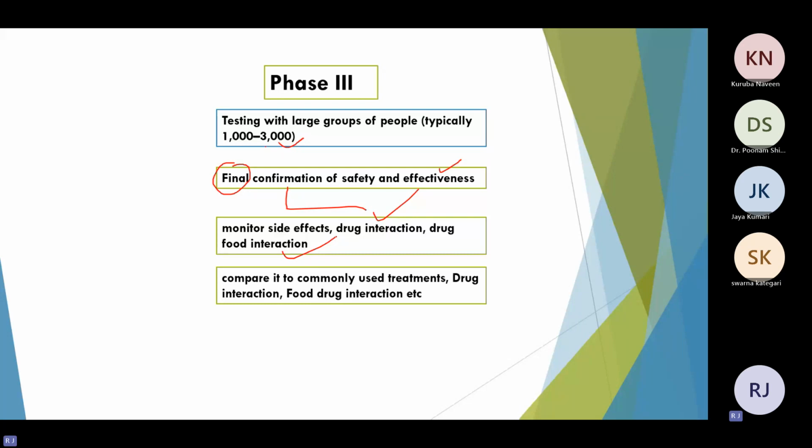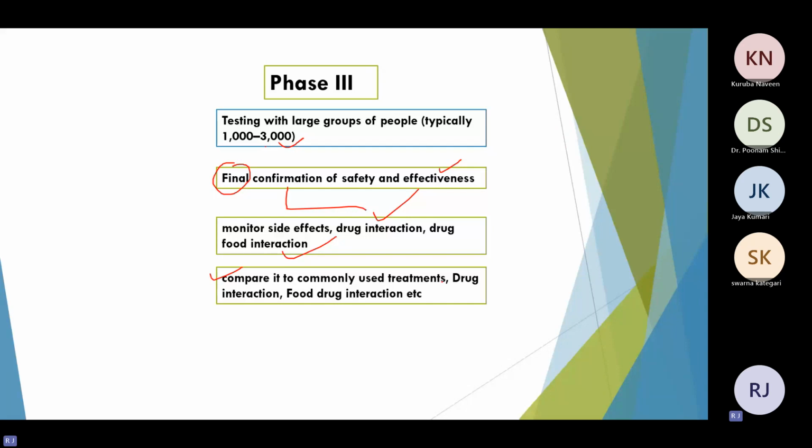So we have to determine the drug-food interaction also. And the last thing is we have to compare it with commonly used treatment. For example, we are developing a drug for cholesterol. Atorvastatin is a drug which is used to lower the cholesterol level in the blood, right?